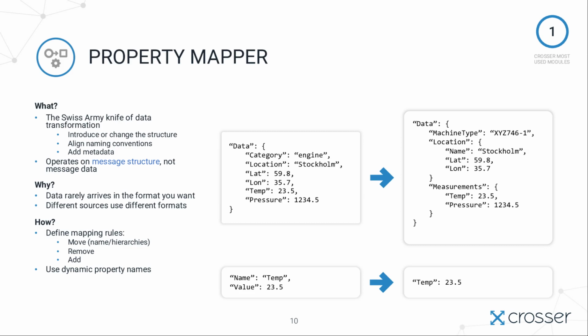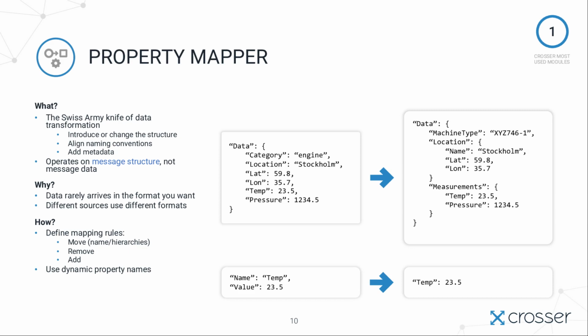So this is the first and, I think not so surprisingly, number 1 module in our library, since this is common across almost all use cases. We were not that surprised that this was the most common module.